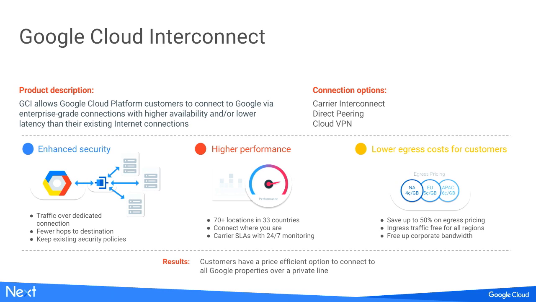From a performance standpoint, you're getting carrier-level SLAs. You're getting 70 locations in 33 countries, so it's a place where you can get closer to us and get better performance out of it. And finally, a lot of customers use these methods for the last reason, which is there are lower egress costs when you come and meet us versus when we have to carry your traffic to you.